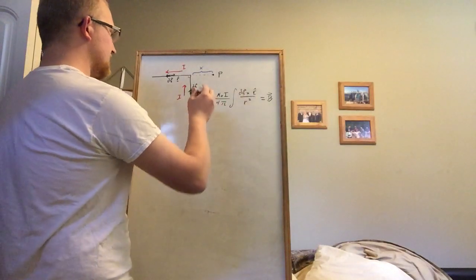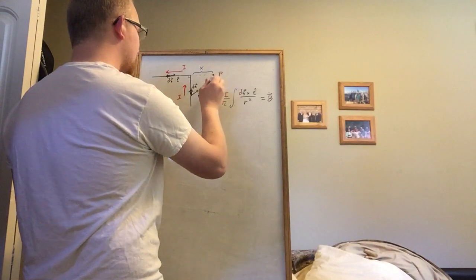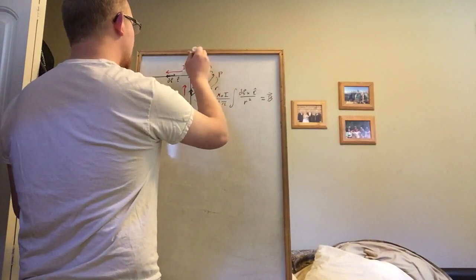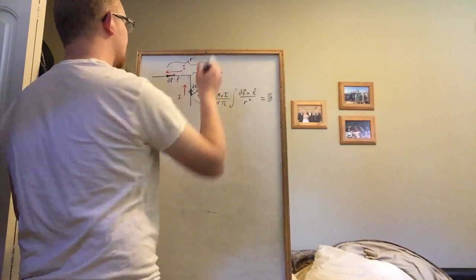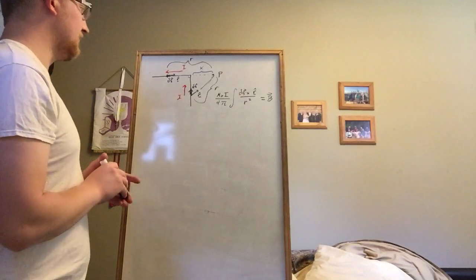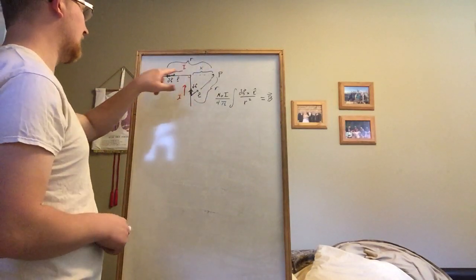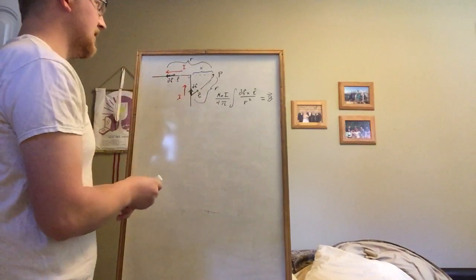The r unit vector is of length 1, whereas r itself is the distance from the point to the ds curve. So for this segment of wire, r is some number, ds is pointing this direction and r hat is pointing that direction.